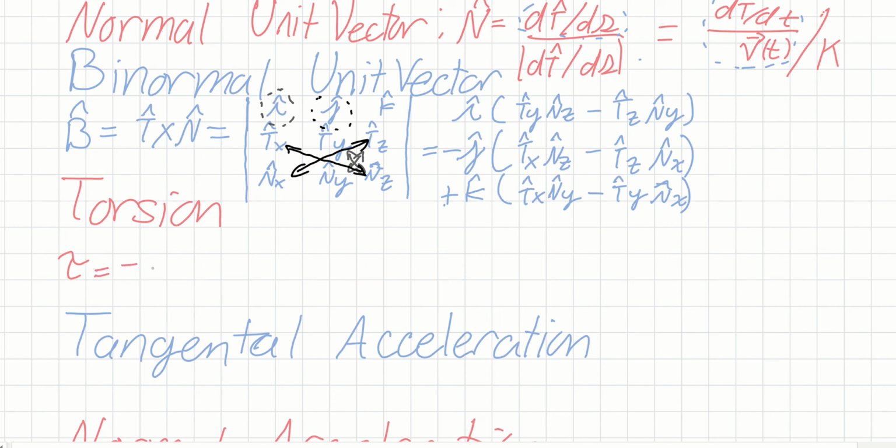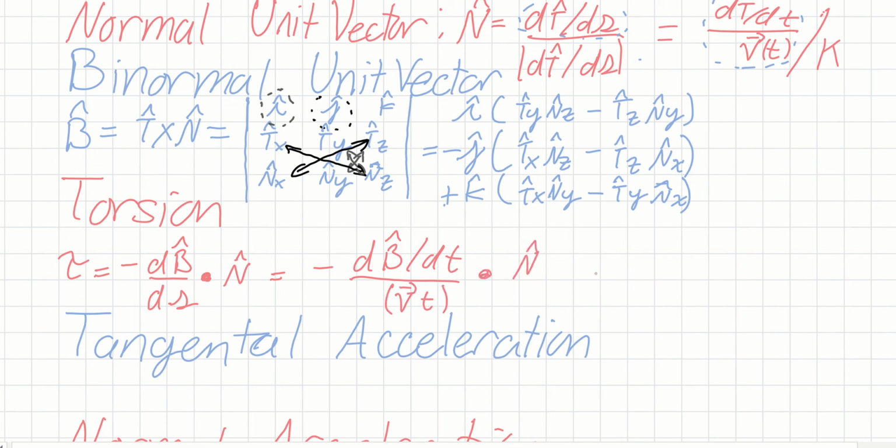It's going to be equal to dB hat ds dotted, so this is now a dot product, with n hat. And remember, dB ds would just be equal to negative dB dt all over ds dt, or velocity, dotted with n hat.